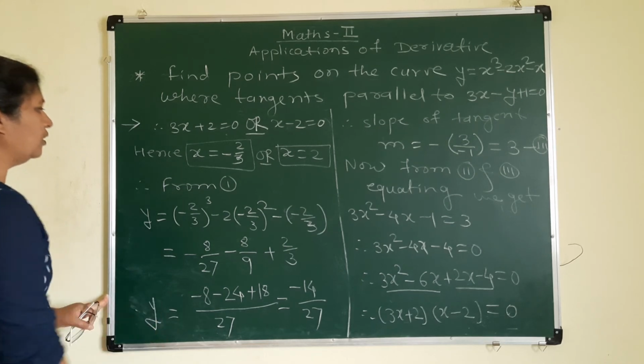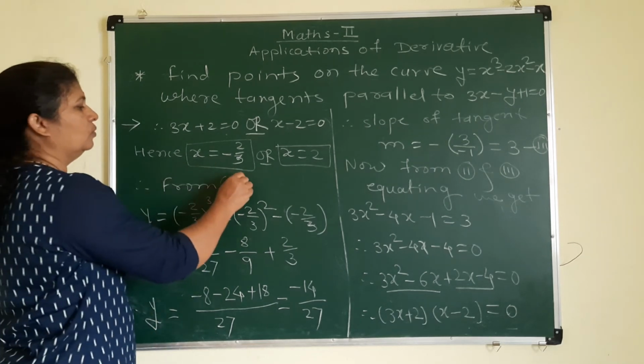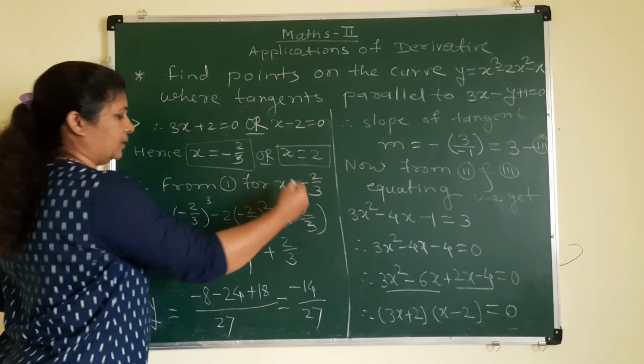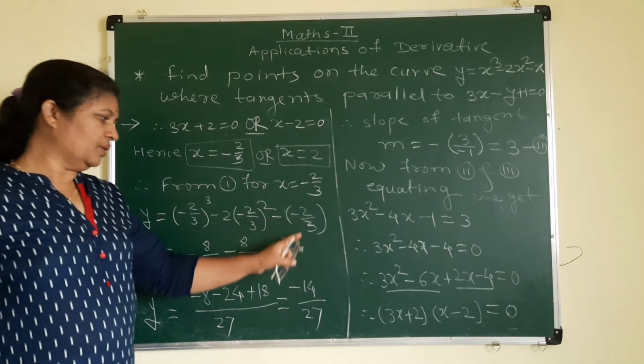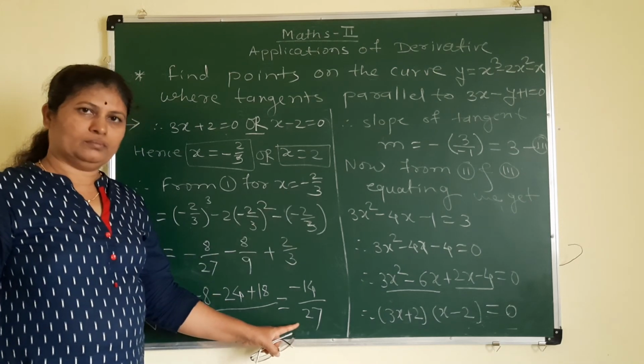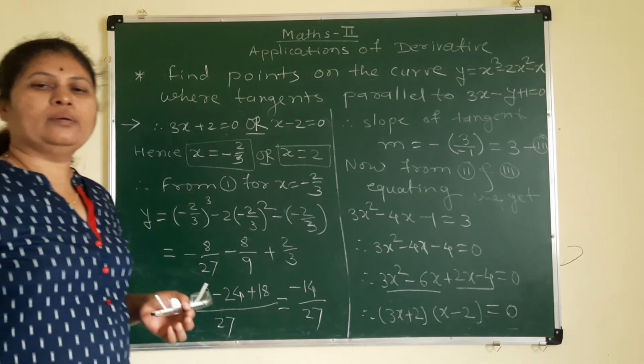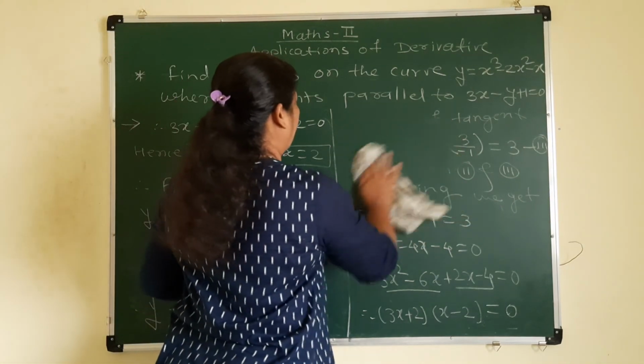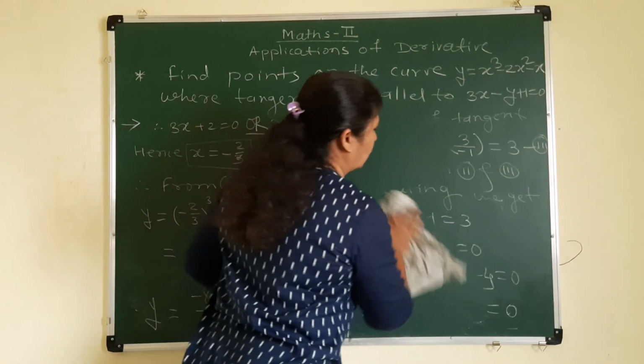For which value? For x is equal to minus 2 by 3. So this is the first ordered pair, first point of contact, and the second point of contact in the same way is nothing but by using x is equal to 2.